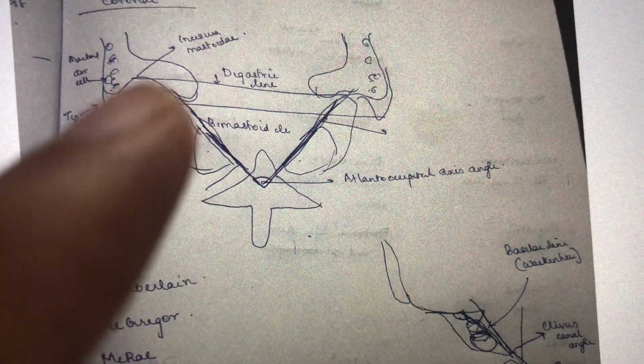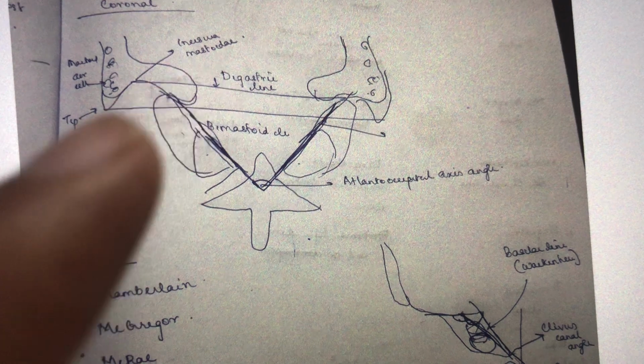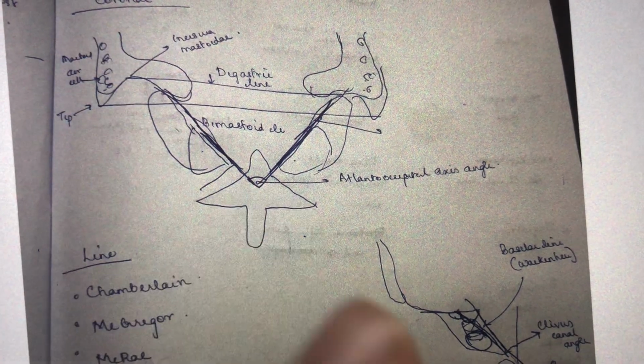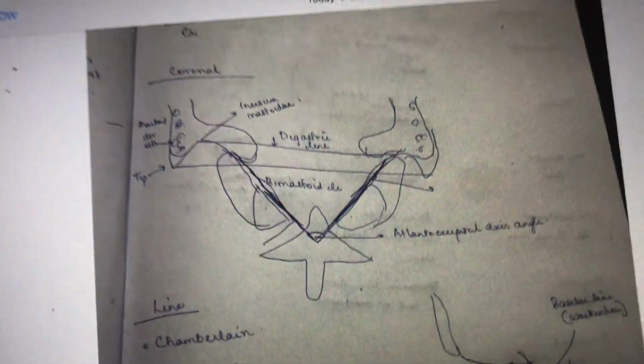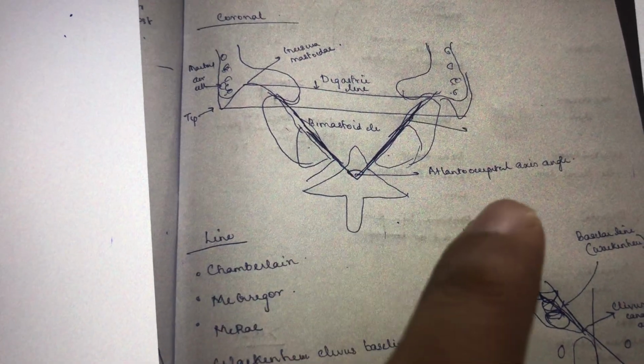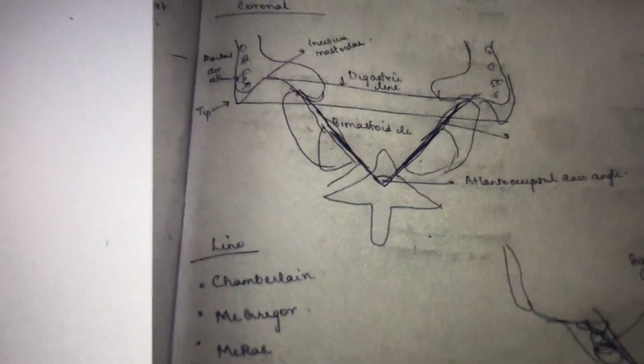This is the atlas, this is the occipital condyle, and this is the atlanto-occipital joint. Draw lines along that from both sides, and they will meet at a point on the dens. There is an angle where these two lines meet, known as the atlanto-occipital angle. So these are the three lines to be remembered.